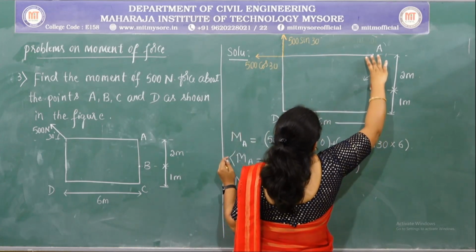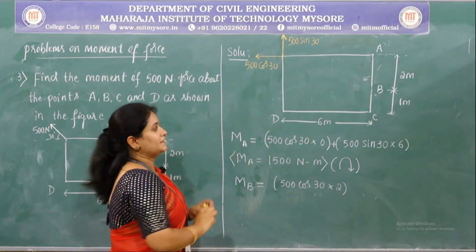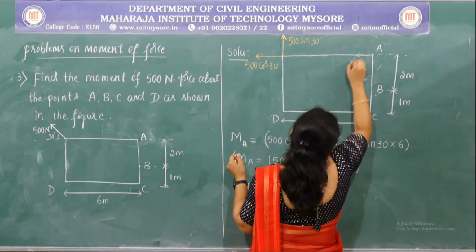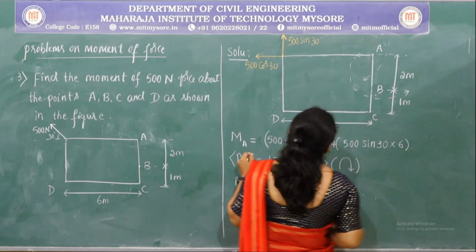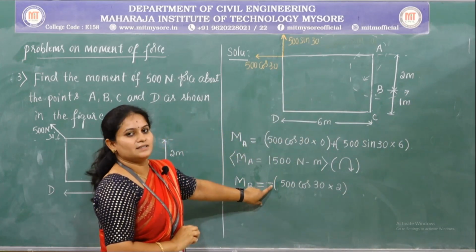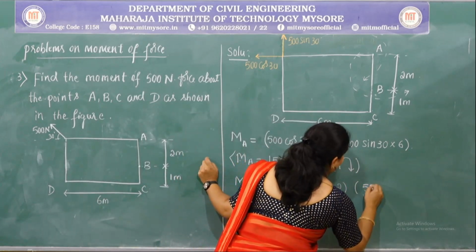The perpendicular distance is 2 meters. Again use the principle of transmissibility. This will produce an anti-clockwise moment, hence it is negative.